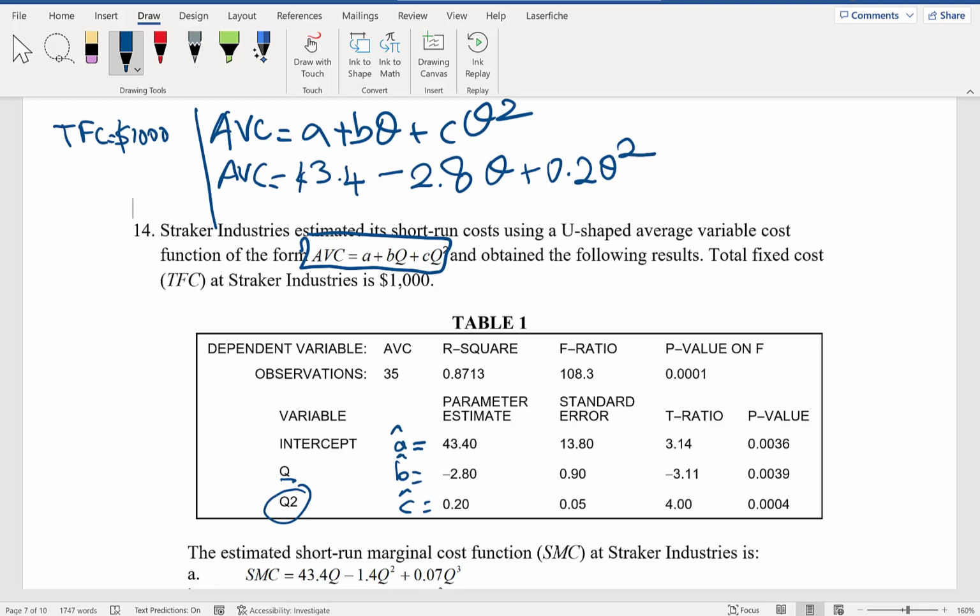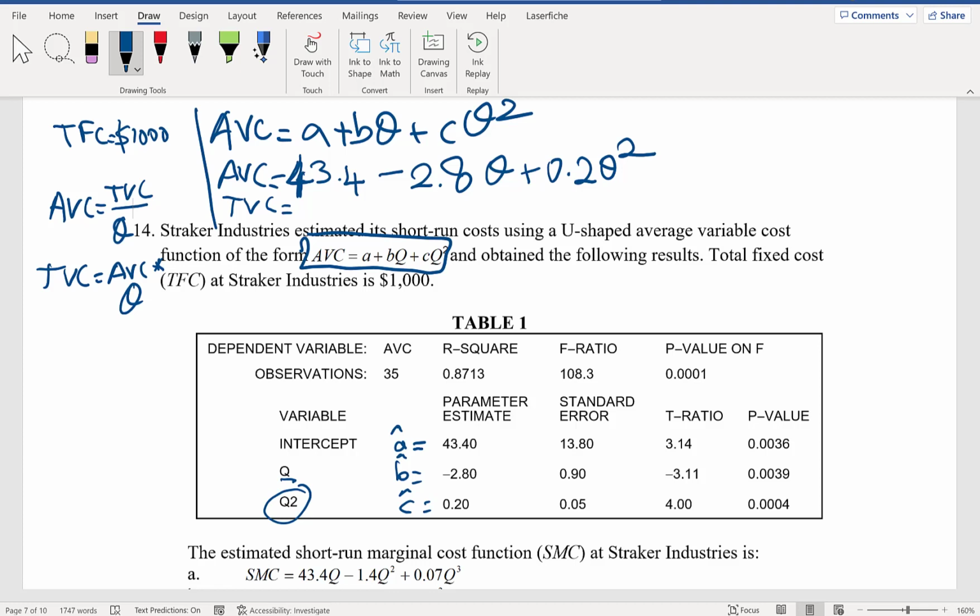Before I read the questions, I can actually do a couple of things. I can get the total variable cost here. Remember, average variable cost is total variable cost divided by quantity. So total variable cost is average variable cost times quantity.